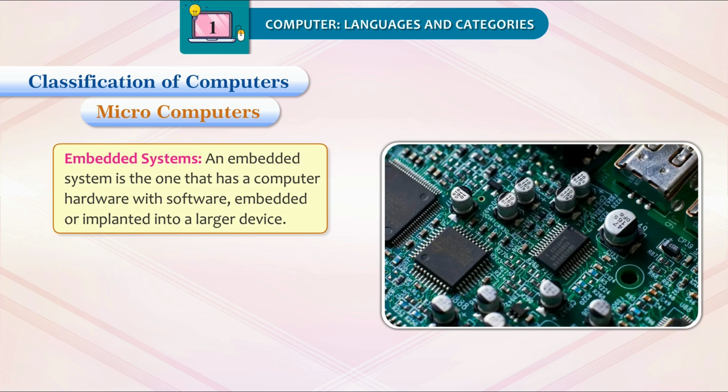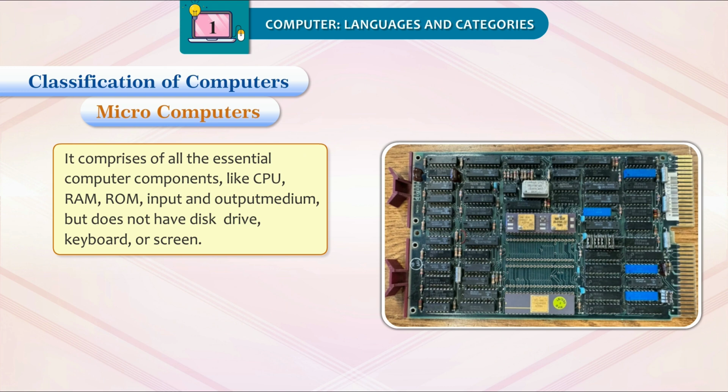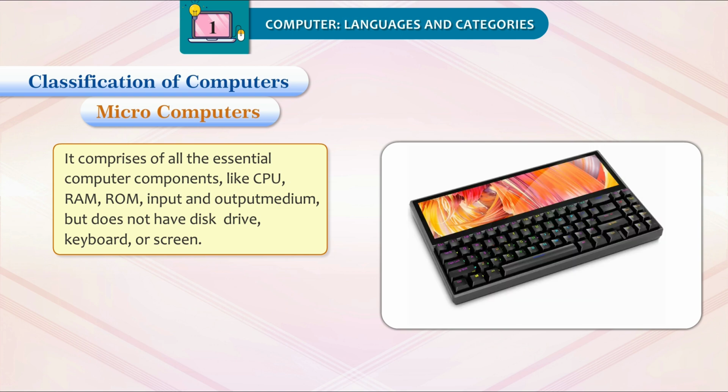Embedded systems. An embedded system is the one that has a computer hardware with software embedded or implanted into a larger device. It comprises all the essential computer components like CPU, RAM, ROM, input and output medium, but does not have disk drive, keyboard or screen.